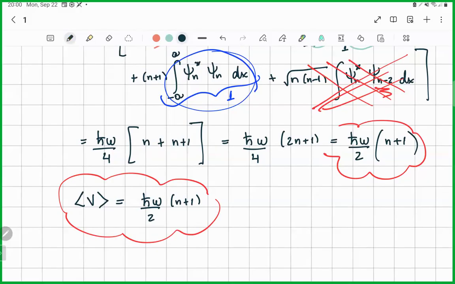Remember what is the energy of each one of these stationary states for the harmonic oscillator. The energy is h bar omega, n plus 1 half. See? So you see that the expectation value of the potential energy is just... sorry, I wrote it wrong. I wrote everything wrong. Let me correct what I did here.